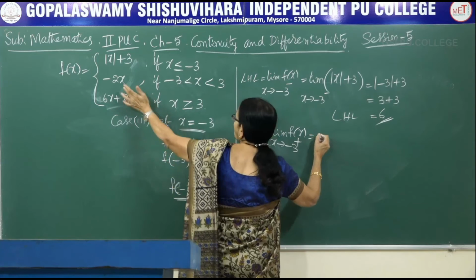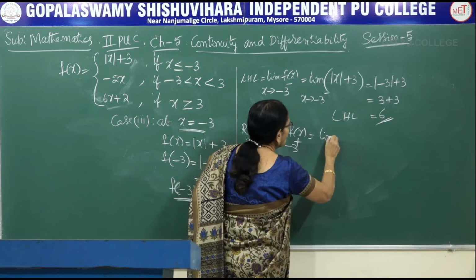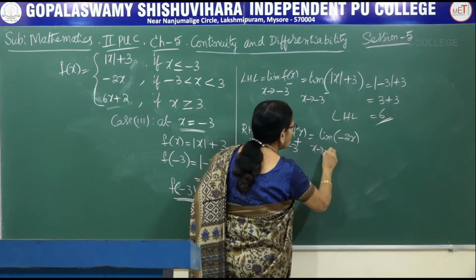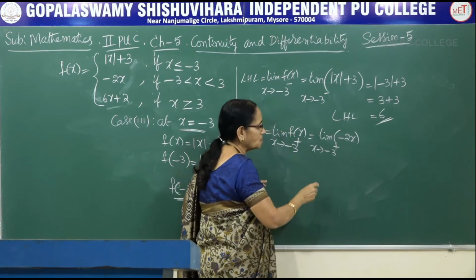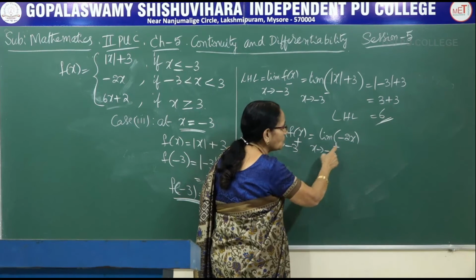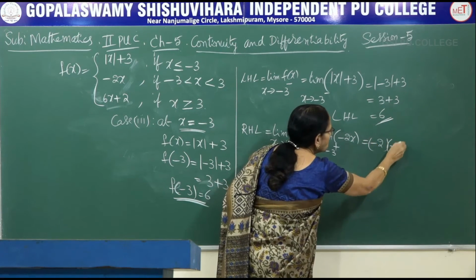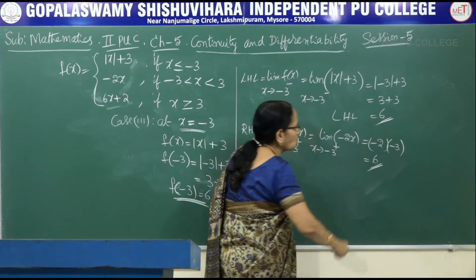So how is the function defined? It is like this: limit of minus 2x as x tends to minus 3 plus. This number has to be substituted. So minus 2 into minus 3, that is also equal to 6.